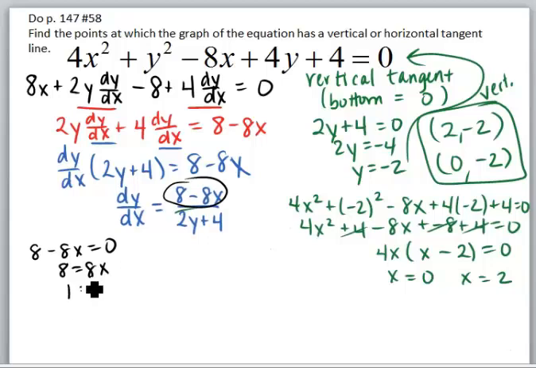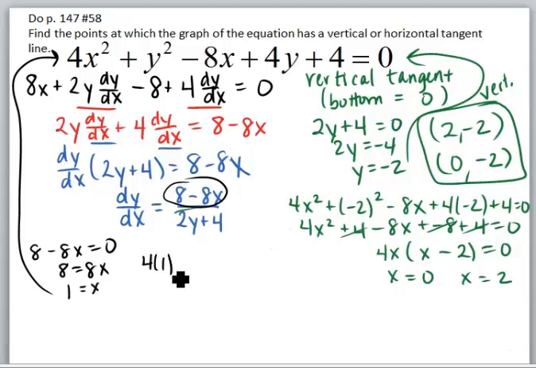So my x coordinate is 1, but in order to find my y coordinate, I have to take that and plug it back into the original. So I have 4 times 1 squared plus y squared minus 8 times 1 plus 4y plus 4 equals 0. That will allow me to solve for y.